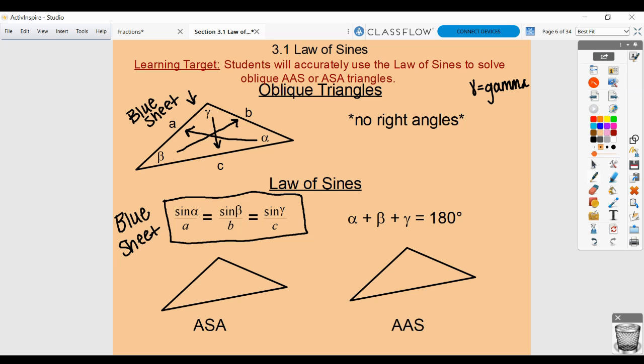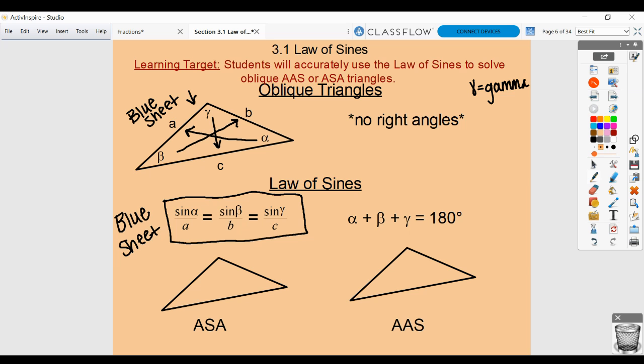It's sine of alpha over A equals sine of beta over B equals sine of gamma over C. So basically what it is you're matching up angle and side, and then you're going to end up doing a proportion. So I'm sure once we get started here, you'll remember what to do with proportions. And then the other thing to note is all three angles will add up to 180 degrees.